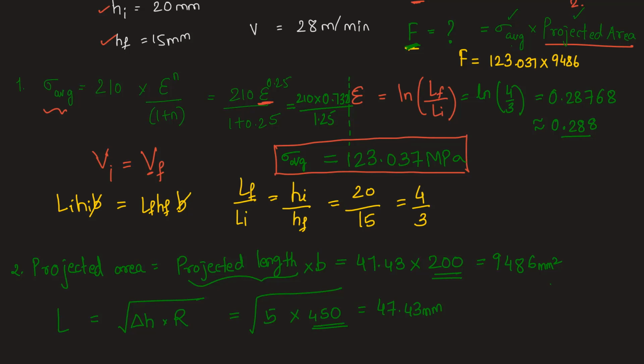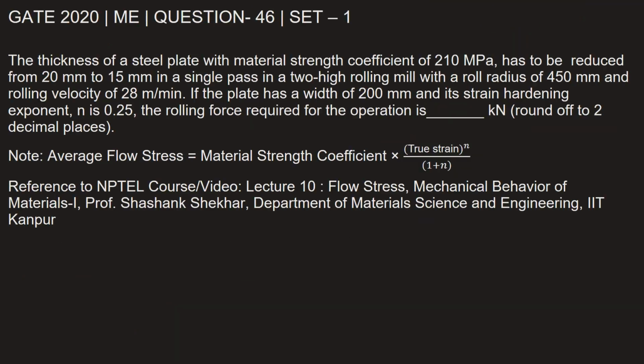So after dividing by 1000 we'll get the rolling force equal to 1167.06 kilonewton. So let's go back and fill in this answer. The rolling force required for the operation is 1167.06 kilonewton.